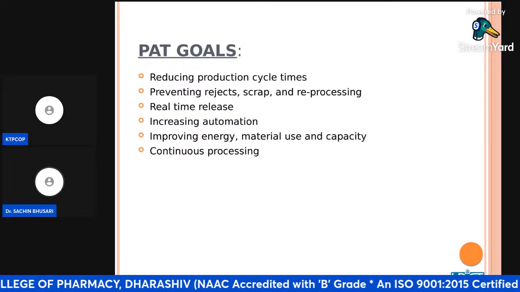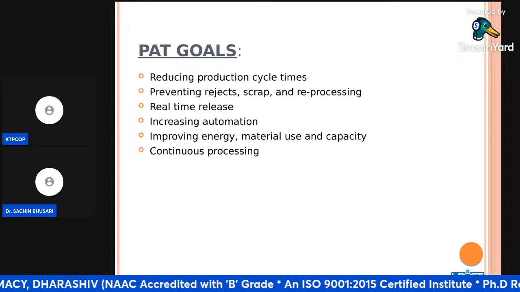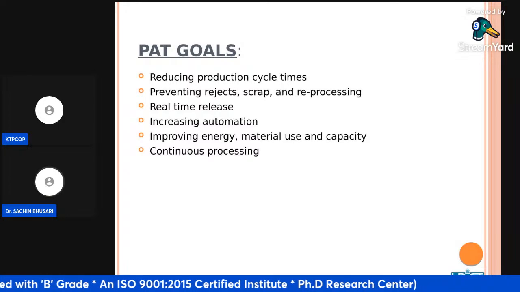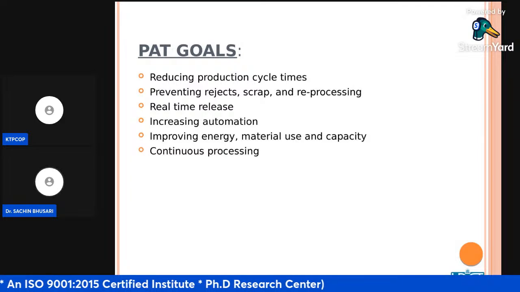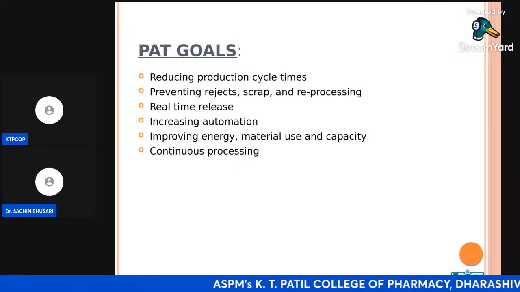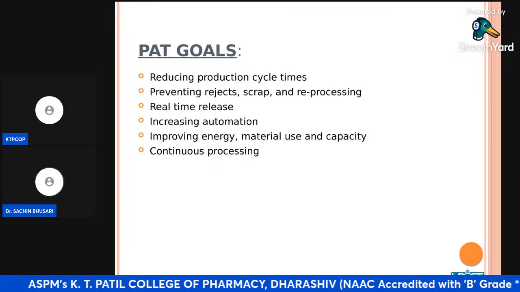Basically, it's reprocessing. It goes into scrap. So it's directly waste. If you are into real-time monitoring of these formulations and API, then reject, scrap, and reprocessing can be avoided. So you are basically saving money, saving time.